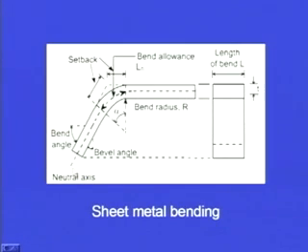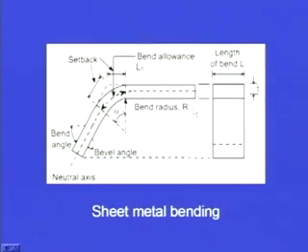This dotted line running in between the sheet metal depicts the neutral axis. All these parameters, like the bend allowance, the bend radius and the bend angle, will influence the quality that we are going to achieve when we bend a sheet metal.